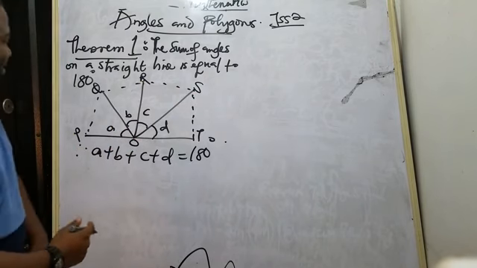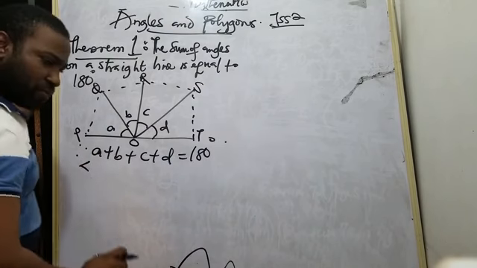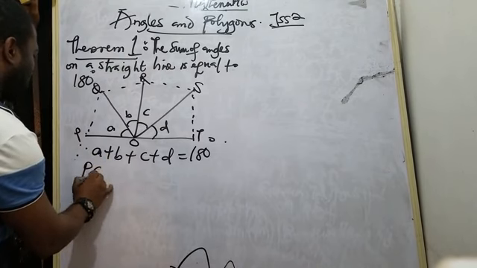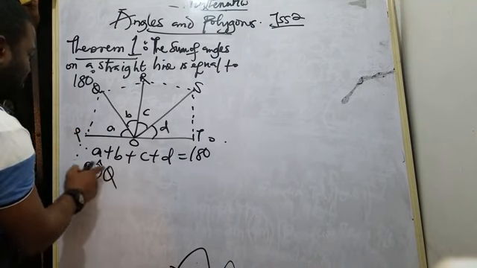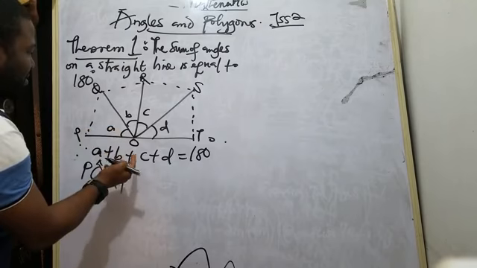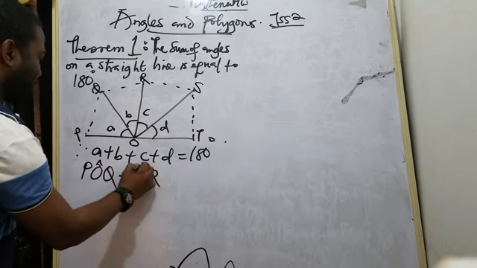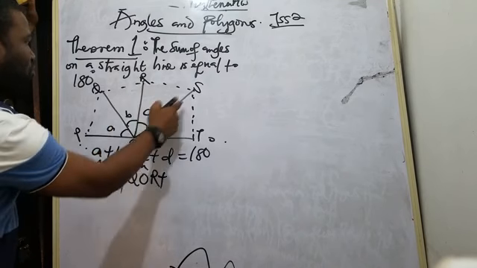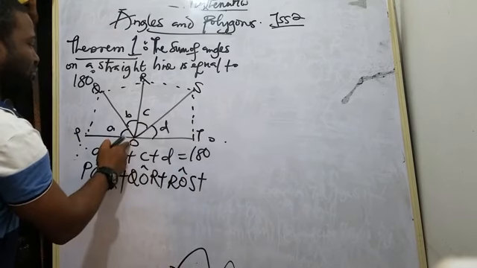You can now say that angle POQ is representing this A, then angle QOR is representing this, plus the one for this, ROS, plus angle SOT.